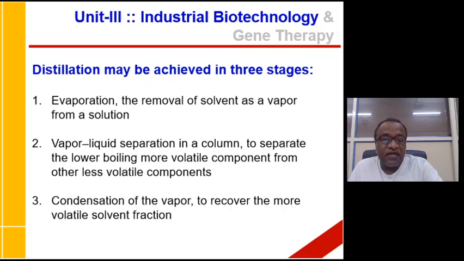And then we have condensation of the vapor to recover the more volatile solvent fraction. So you can have three different stages where the distillation is achieved: evaporation, vapor liquid separation, and condensation of the vapor.